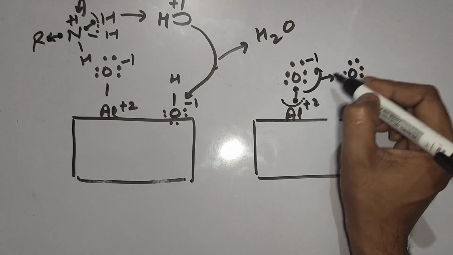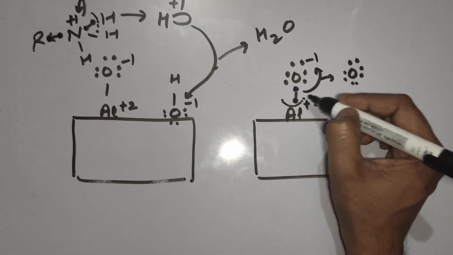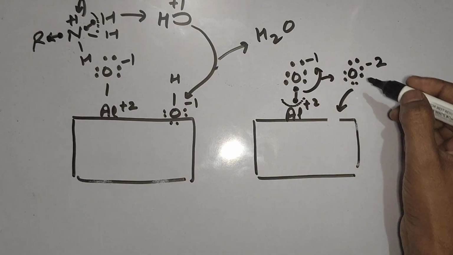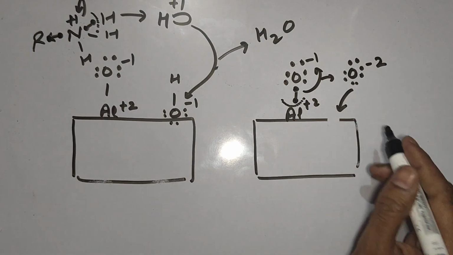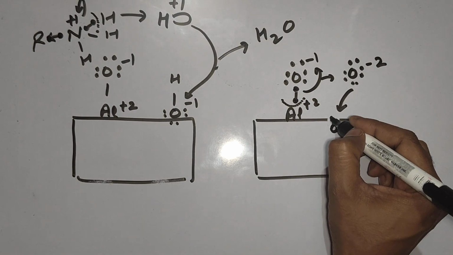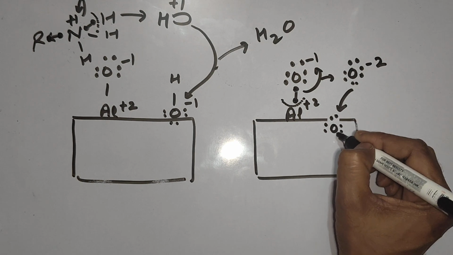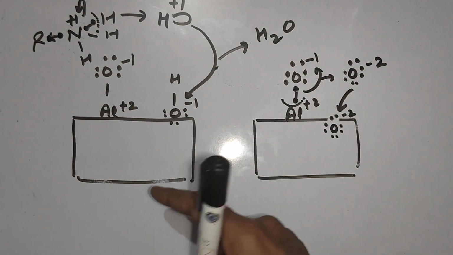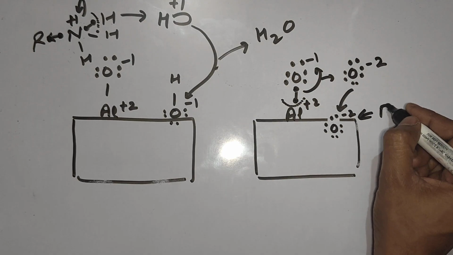Already it is carrying minus 1 charge. It will break the bond again from aluminium, so minus 2, and it will come here and fill that vacancy. So again we will have here O minus 2 like initially it was. Basic site.